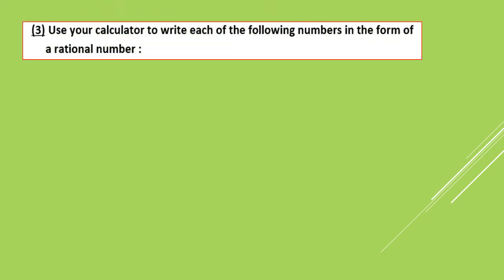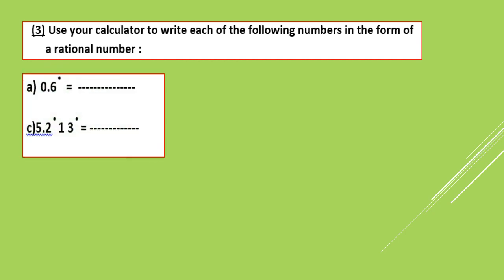Use your calculator to write each of the following numbers in the form of a rational number. We have a recurring number with the point above 6. So, using your calculator, how can you write this? You will put 0, decimal point, and 6, 6, 6 till our screen is full with numbers, and you will see an arrow. Click equals.